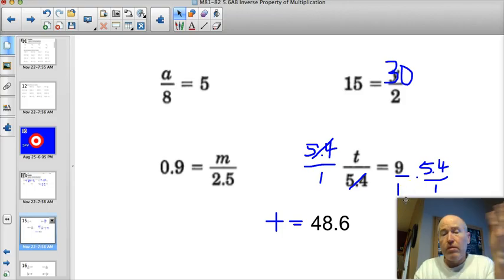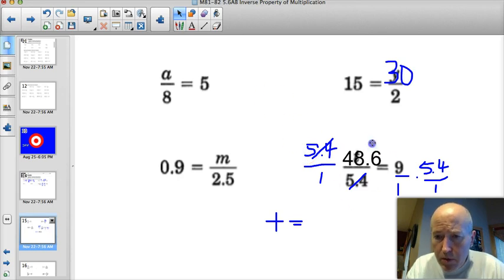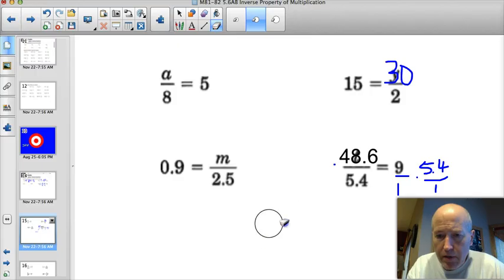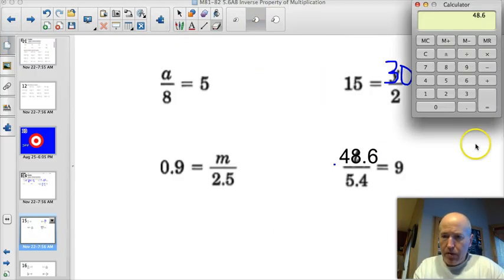But how can I check it? Let me just substitute back in. So I'm going to go up here, take that 48.6, and put it right over the top of that. I'm going to get this junk out of the way so I can see my original problem again. So this is what I think I've got here. Let's get the calculator back and find out.